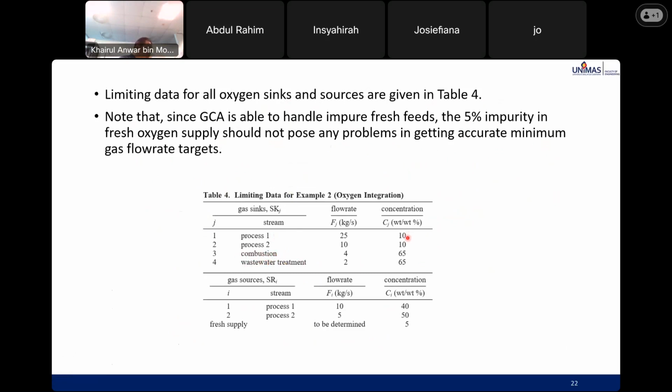This is the concentration. This concentration refers to the maximum impurities that the process or the sink can limit. So for the source, based on figure 3, we have from process 1 and process 2.